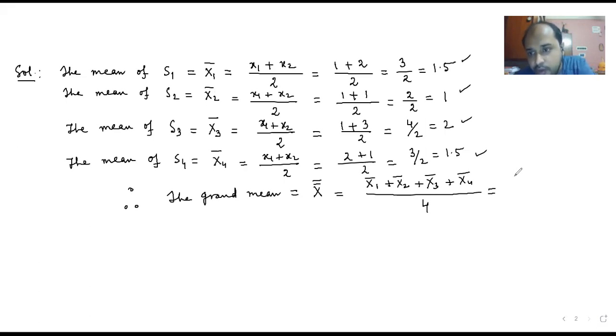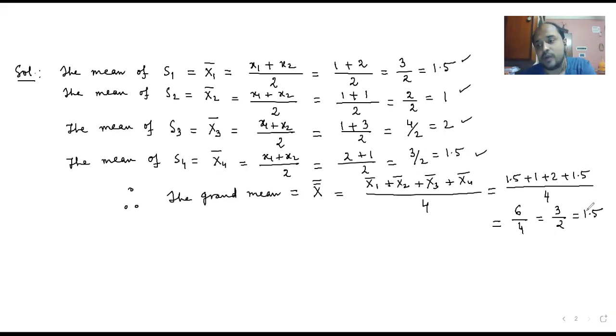That is 1.5 plus 1 plus 2 plus 1.5 divided by 4. 1.5 into 2 is 3, 3 plus 2 is 5, 5 plus 1 is 6, so we get 6 by 4, that is 3 by 2, that is 1.5. So the grand mean is also 1.5, and the grand mean is actually your estimate of mu, the population mean.